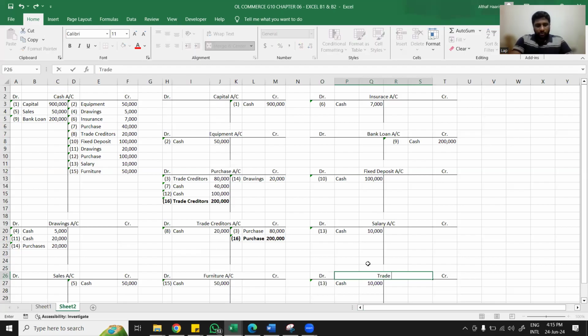Trade debtor account, 100,000. Sales account credit 100,000.